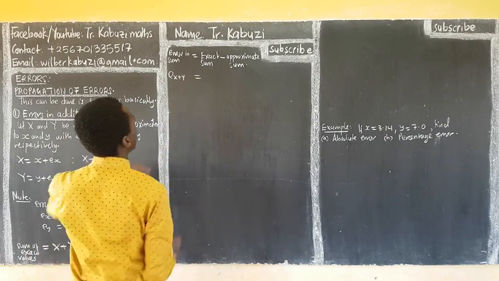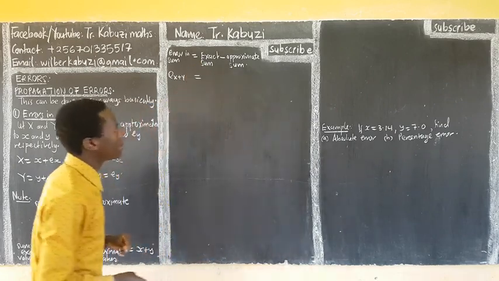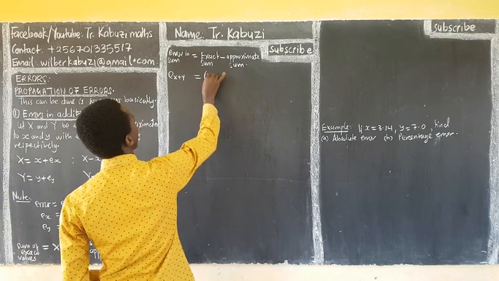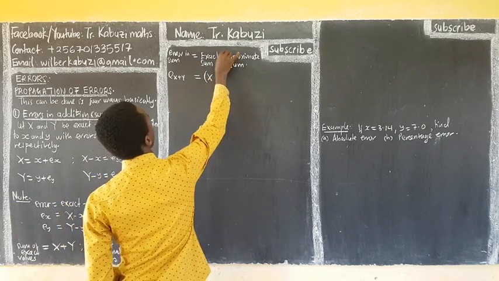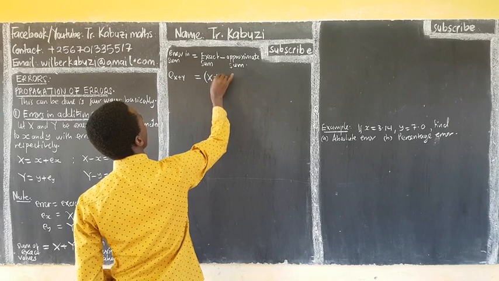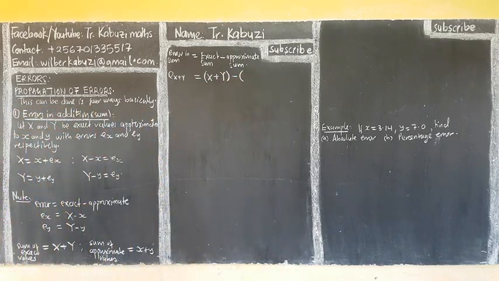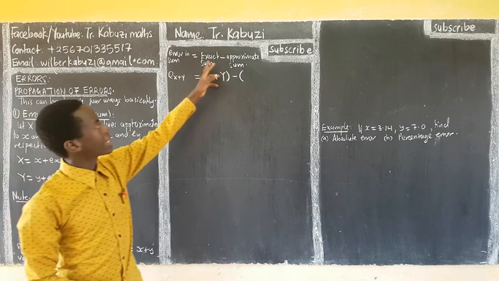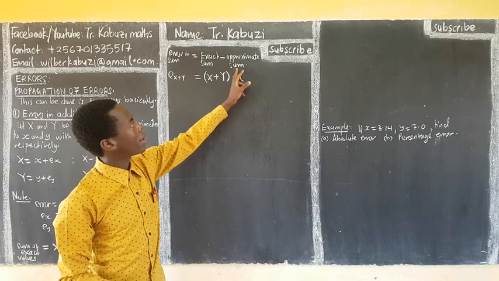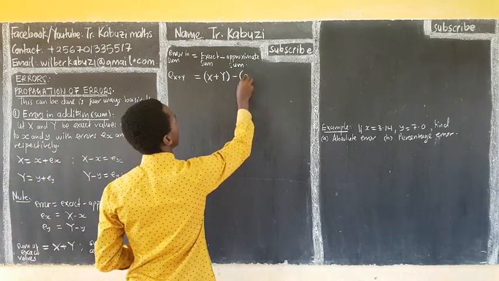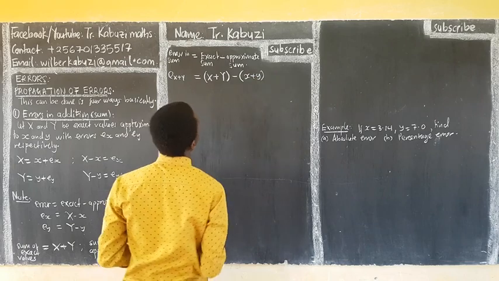It's going to be the exact sum. What is our exact sum? It is this, so allow me to write X plus Y. Then we are subtracting off the approximate sum, because the error is the exact minus the approximate. That's why I'm subtracting off the approximate sum, which is x plus y.